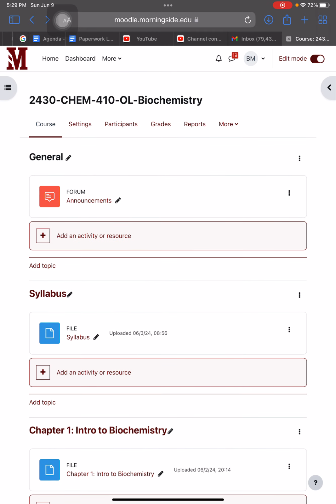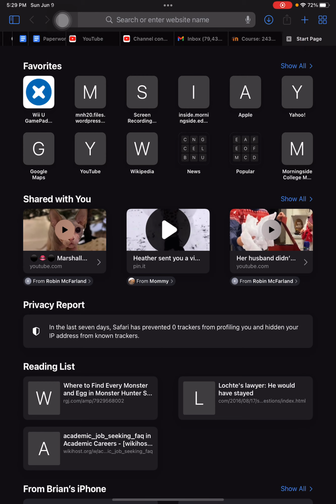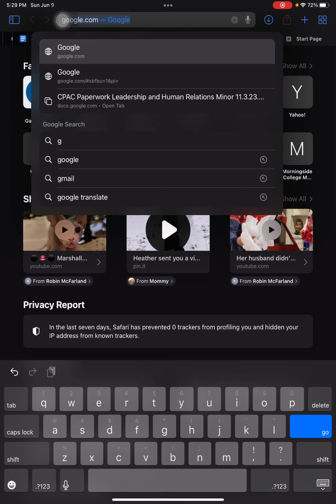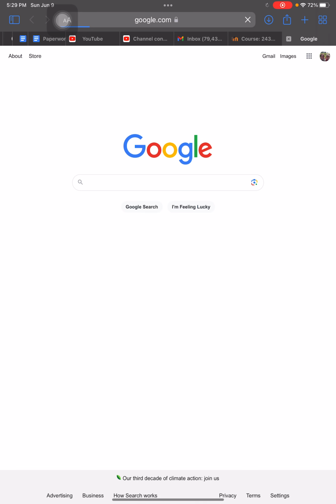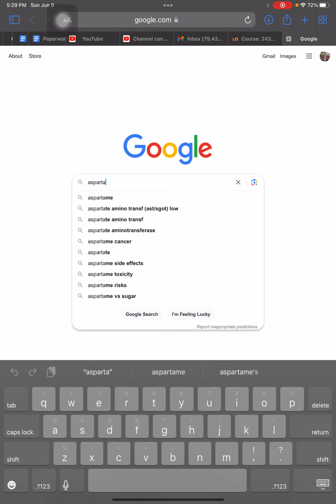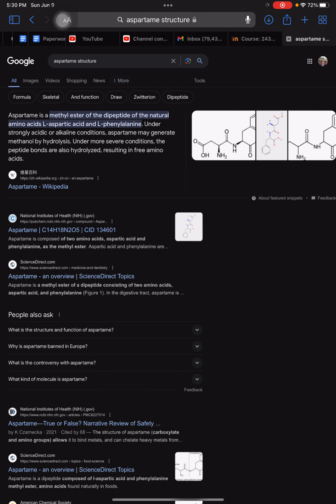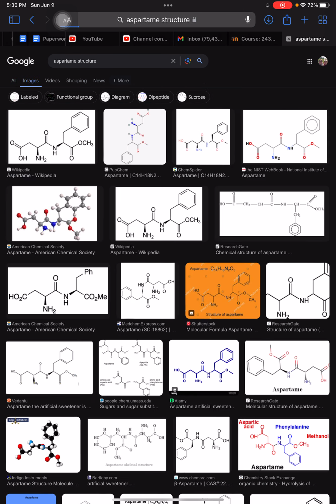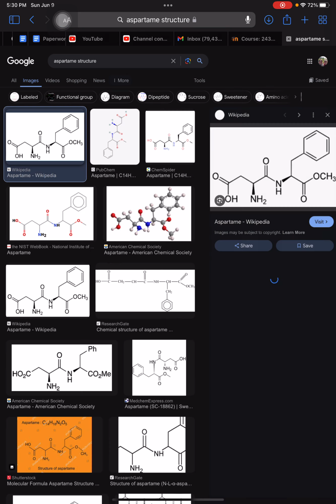What I'm going to do real quick is look up the structure of aspartame and just highlight. There we go.